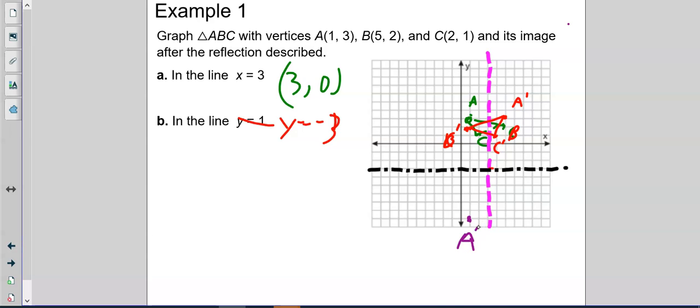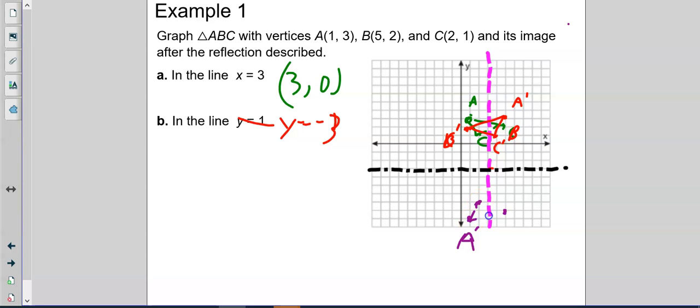Okay. And then B, which was up here. And we're going to count carefully. 1, 2, 3, 4, 5 above the line. I'm going to go 1, 2, 3, 4, 5 below the line. And C is 1, 2, 3, 4 above. So I'm going to go 1, 2, 3, 4 below.